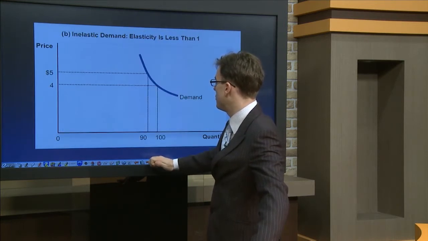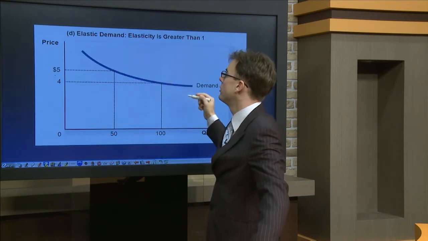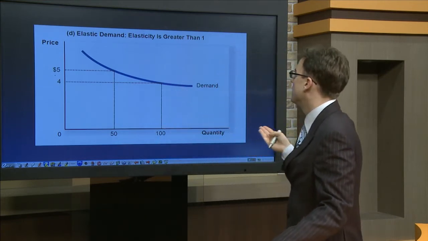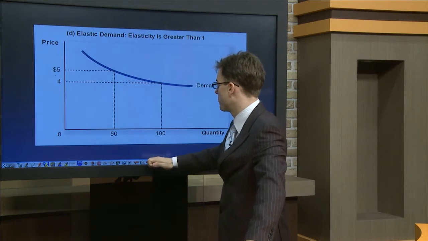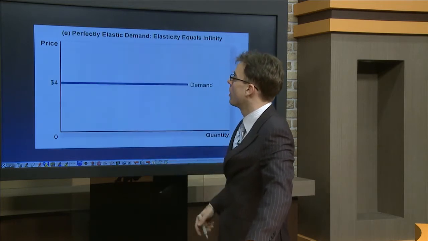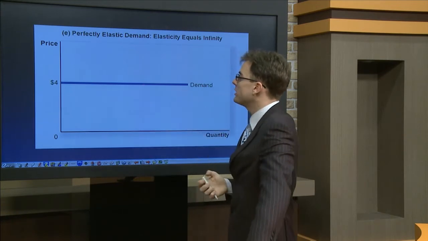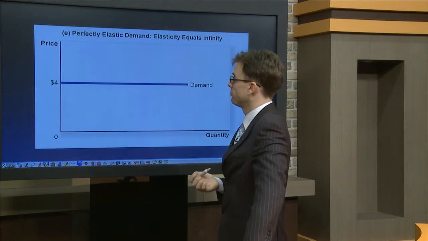And as the demand curve becomes flatter, we will say that price elasticity of demand increases on these demand curves, up until the perfectly horizontal demand curve, which is the perfectly elastic demand curve.